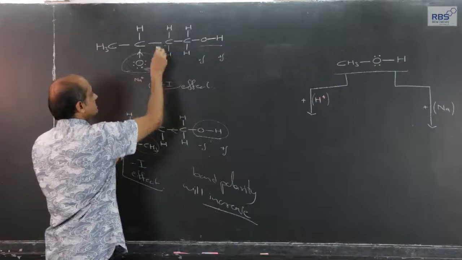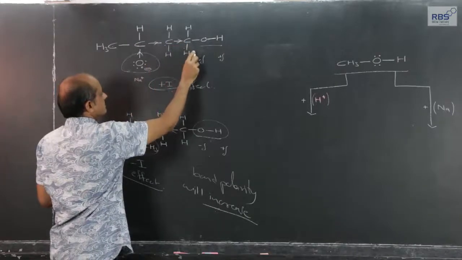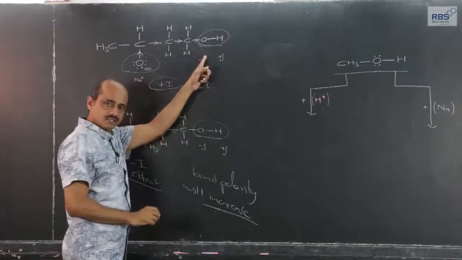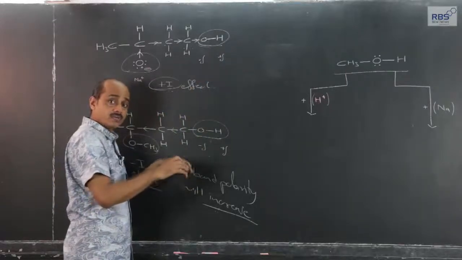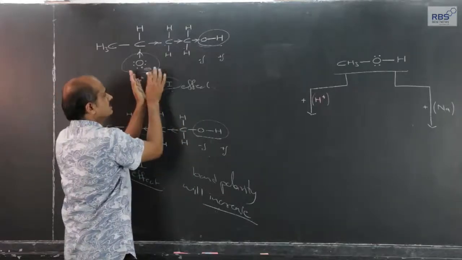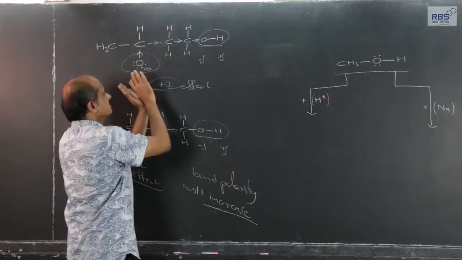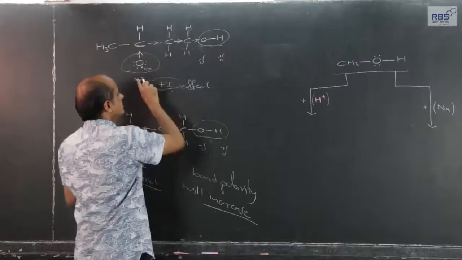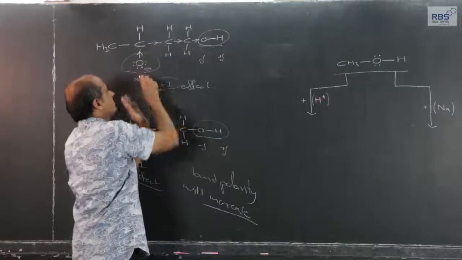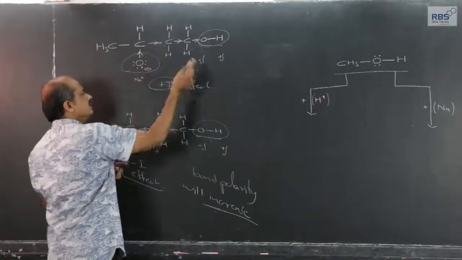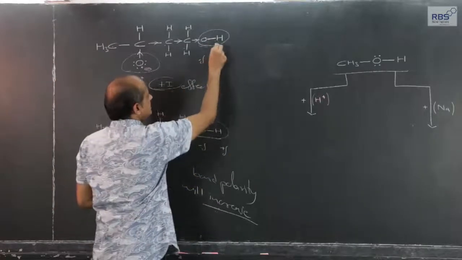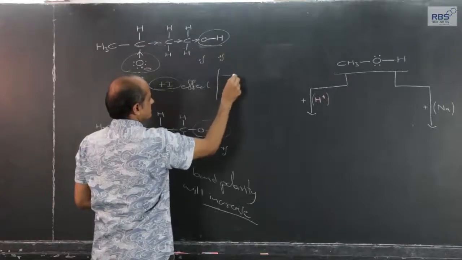This plus I effect will get transmitted in this chain, and therefore the OH bond polarity will not be completely compensated or completely reversed, but the electron releasing effect of the alkoxide group will result in decreasing the OH bond polarity.